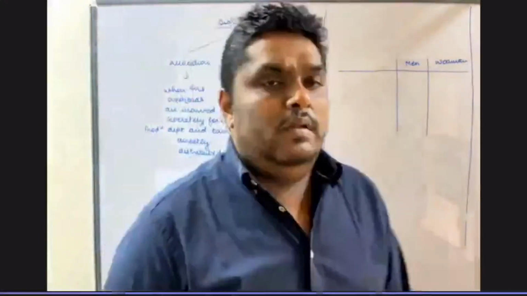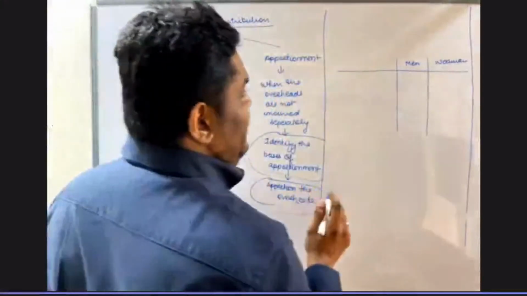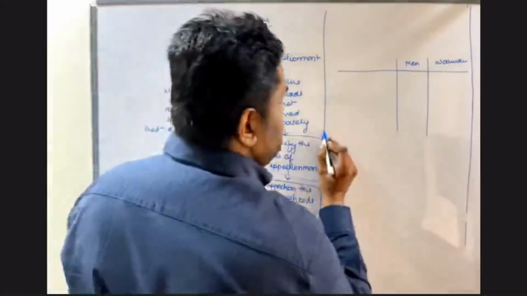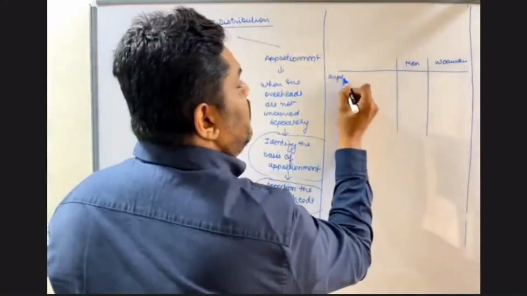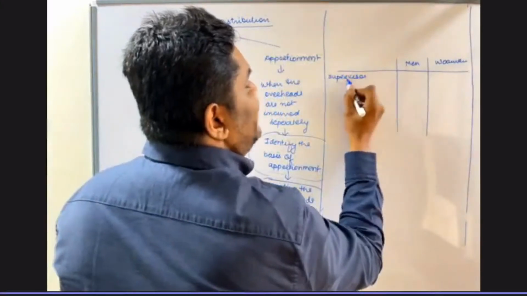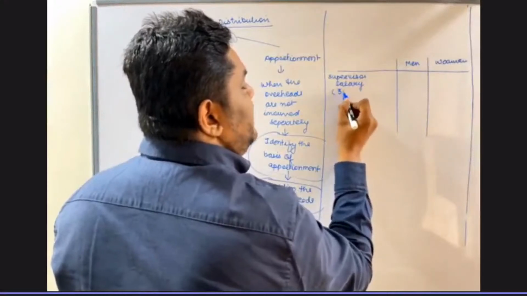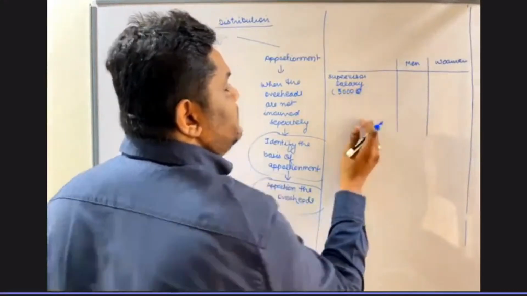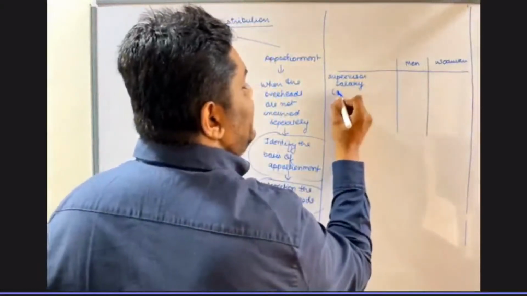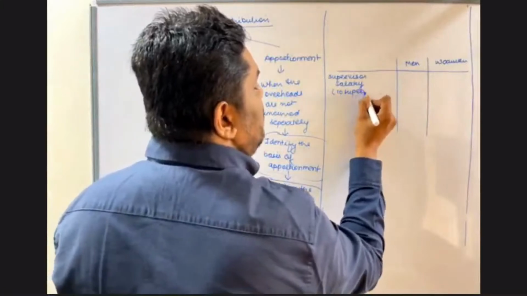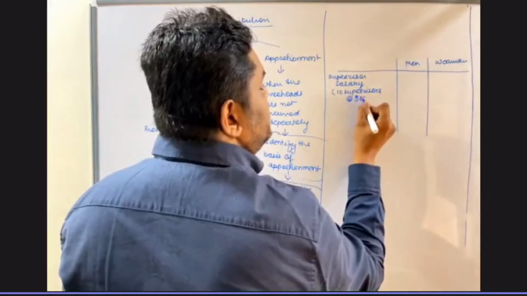Now, there are few overheads that are incurred. Let's say I am paying supervisor salary to 10 supervisors at the rate of 5,000 per person.